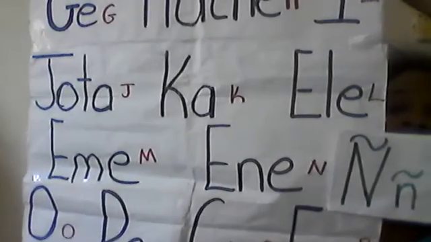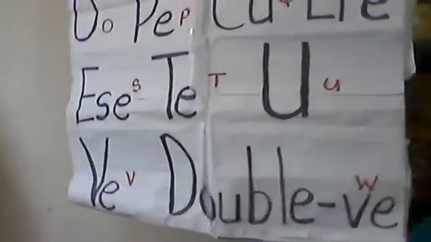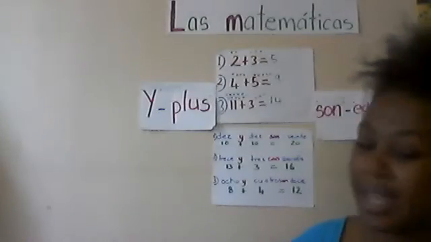A, B, C, D, E, F, G, H, I, J, K, L, M, N, N, O, P, Q, R, S, T, U, V, W, X, Y, Z. El abecedario ya aprendí.